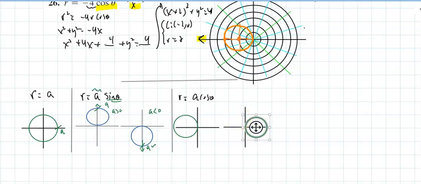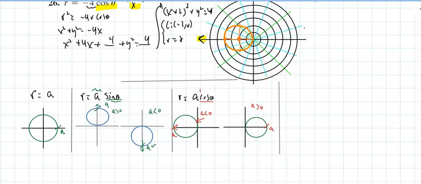And again, from what I saw, I'm guessing the diameter would be a. And since this is the x-axis, if a is negative, negative x will be wrapped around the negative x-axis, and if a is positive, it will be wrapped around the positive x-axis. So that's kind of how I'm seeing those.